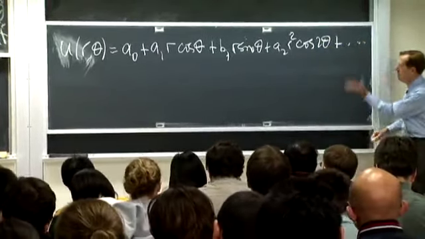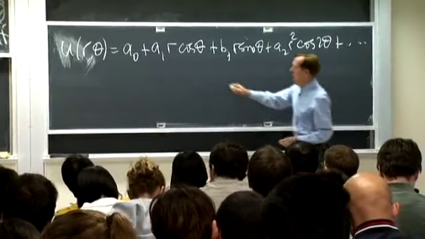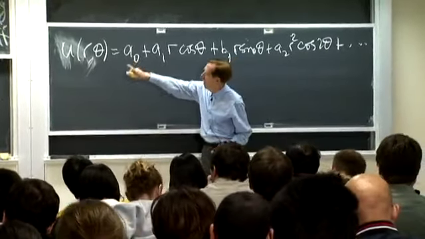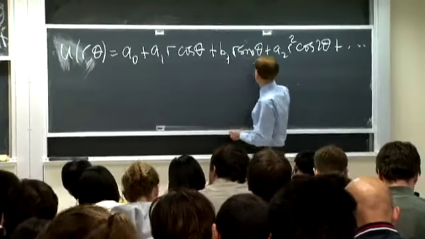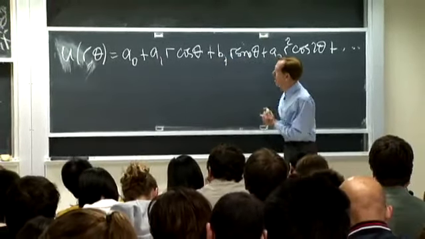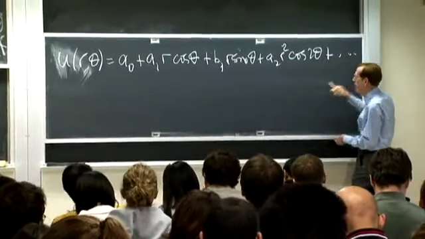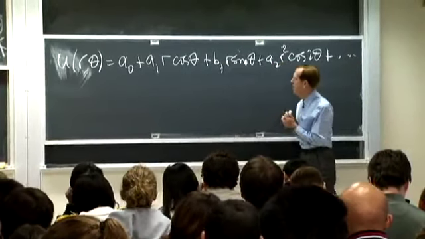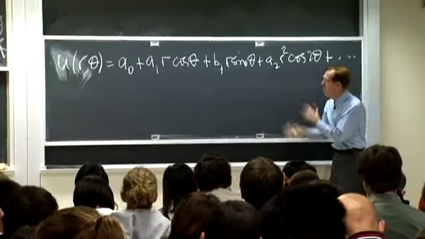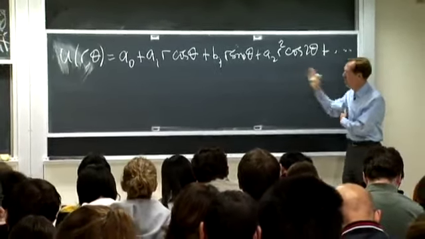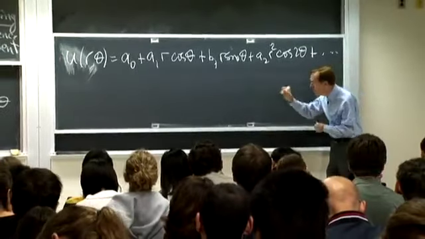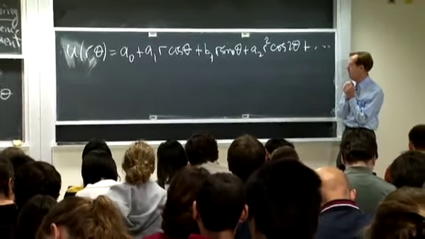I'm using the a's as the coefficients for the cosine guys, and the b's, b1, b2, b3, would be the coefficients for the sine ones. Okay, that's my general solution. That solves Laplace's equation. Every term did, so every combination will.